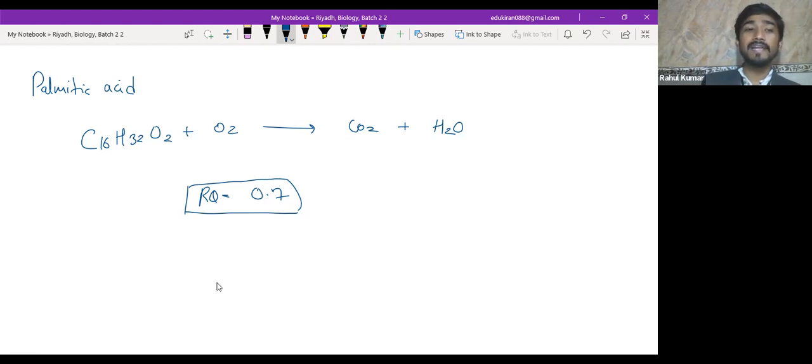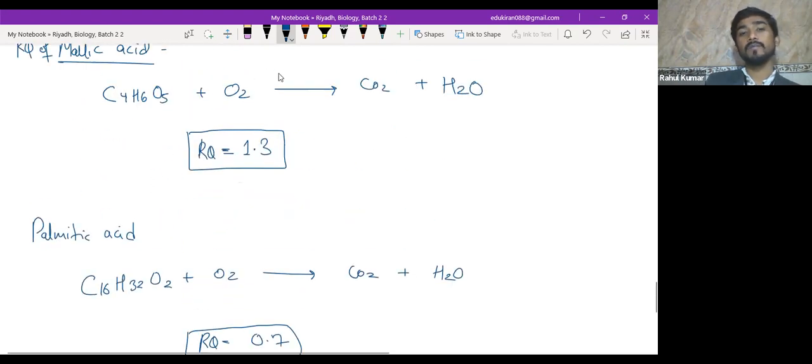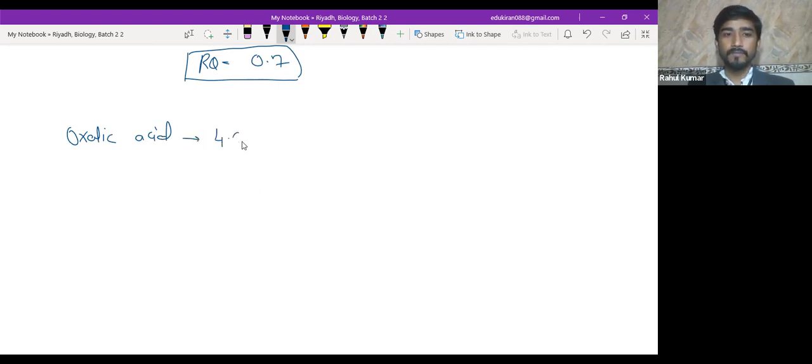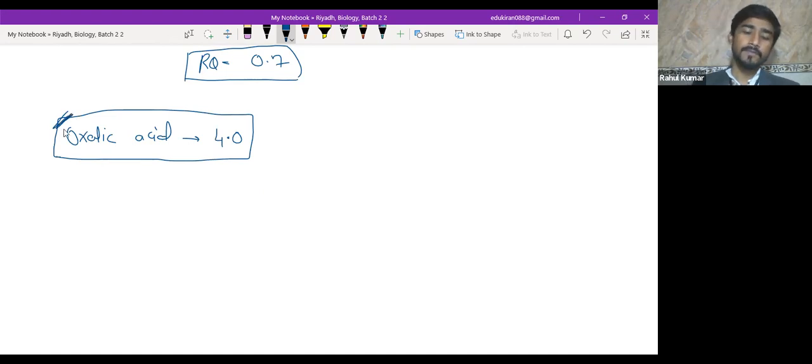What was it for malic acid? 1.3. Okay. And just remember one important one, oxalic acid. For oxalic acid, it's very high, so you should just remember it. Sometimes they ask it in the entrance. It's 4.0. So it's highest for oxalic acid among the substances which are commonly metabolites.